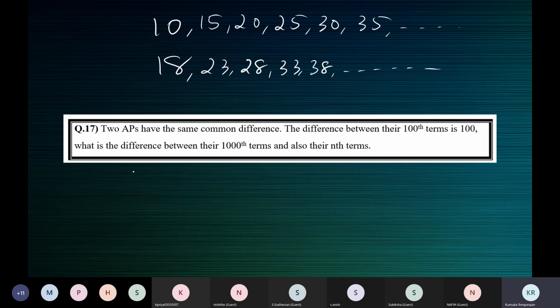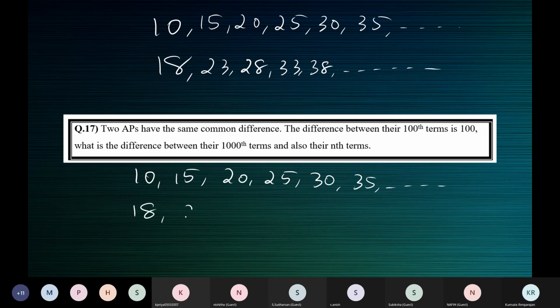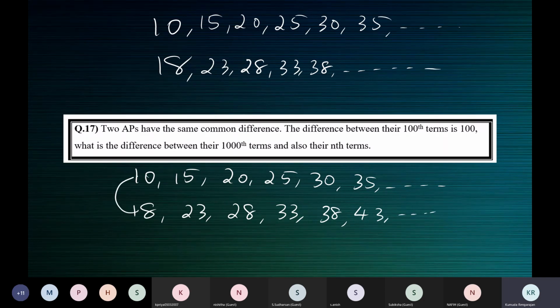Let me write it one below the other. All right. The difference between their first terms. The common difference is 5.